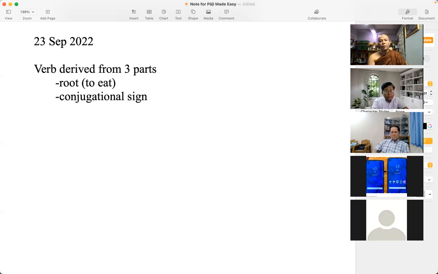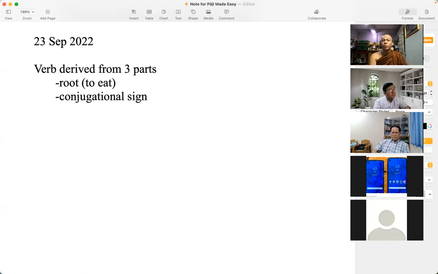Based on number, person and tense, the form can change. In an inflected language, inflections can be divided into two parts. One is for the noun, or nama in Pali, where the inflection of the noun form we call declension. But the inflection of the verb form we call conjugation.